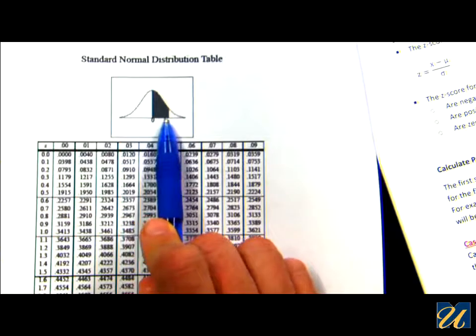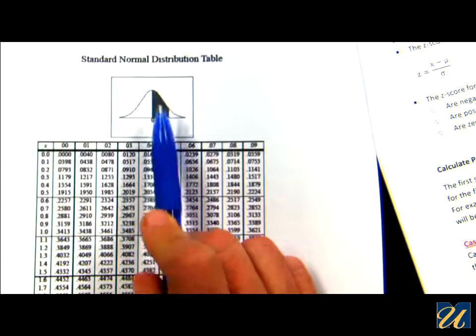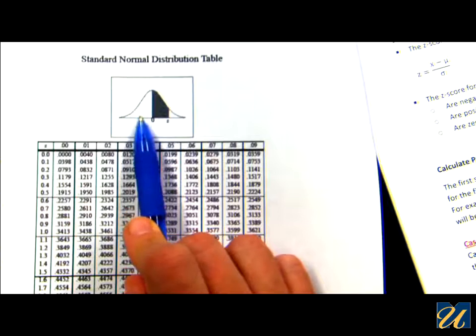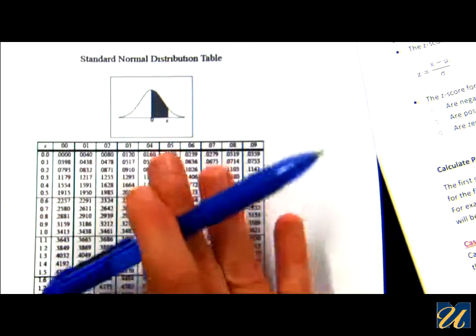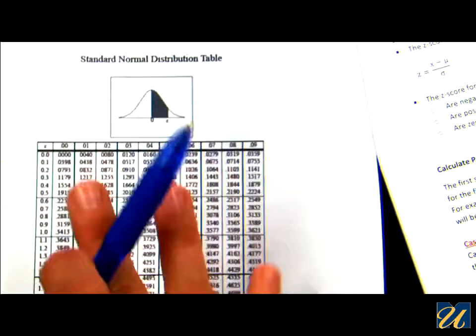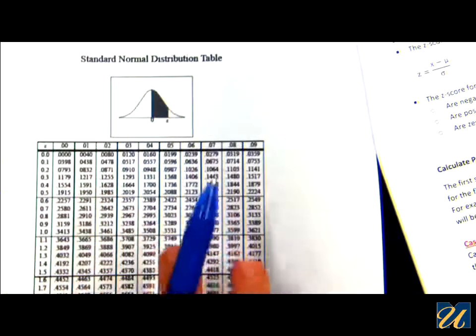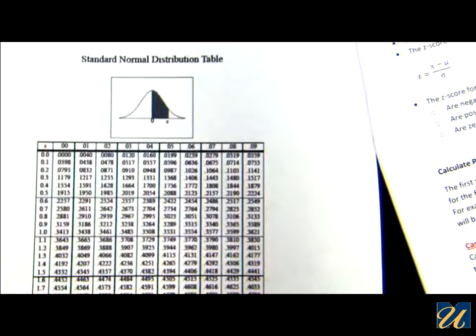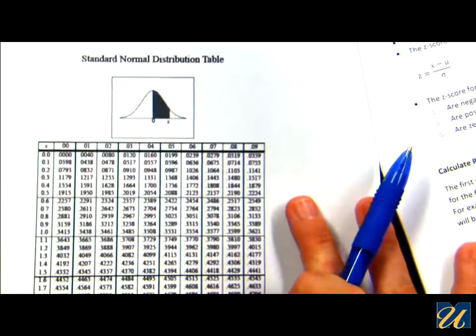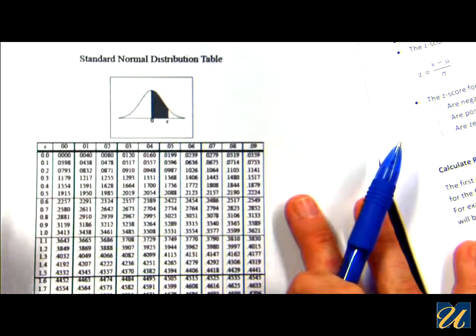So the area to the right if you have a positive z-score, or the corresponding area to the left if you have a negative z-score. So once again, regardless of the area that you will be looking for, the table that I will be using always gives you the area from the mean to the z-value. So this is for standard normal distribution.